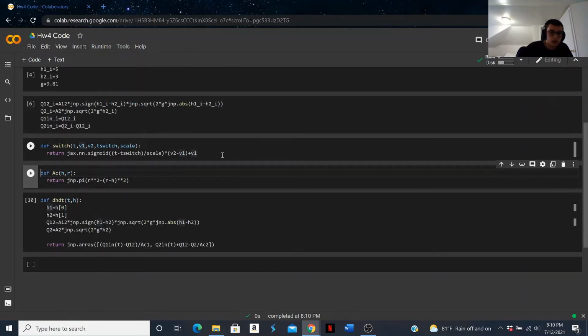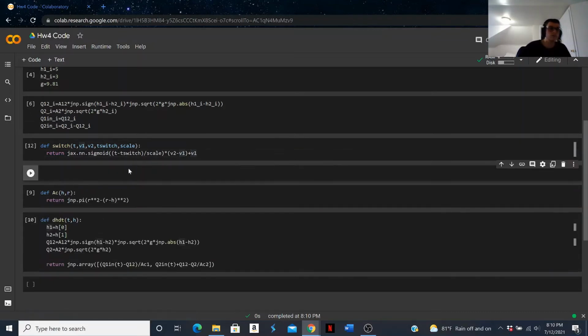Okay. So this is our switch function using a sigmoid function to kind of make that change gradual.